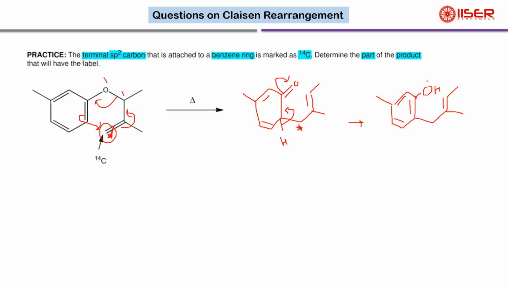Okay, let's go to the next one. Here, which carbon will be isotopically labeled? This internal carbon becomes isotopically labeled.